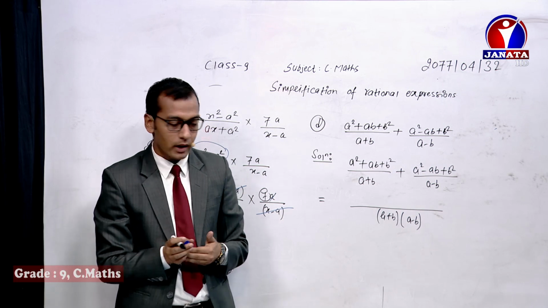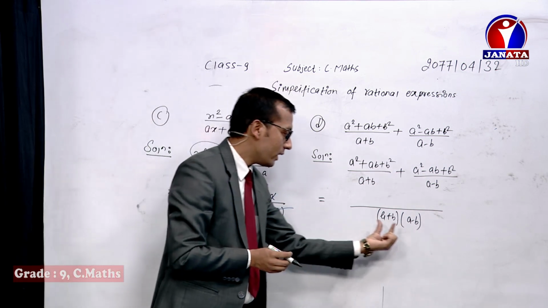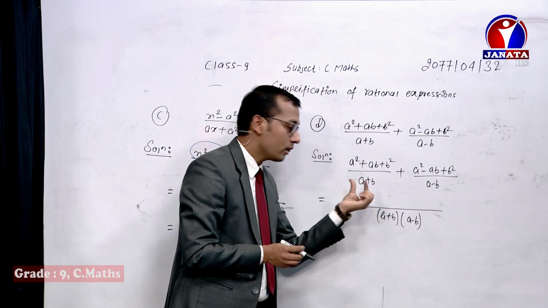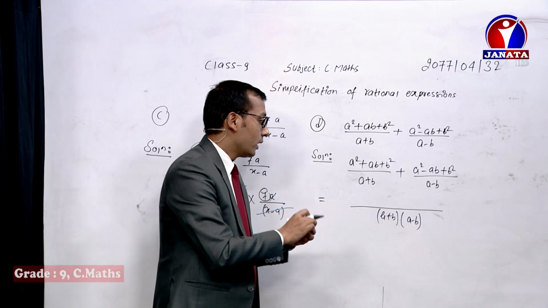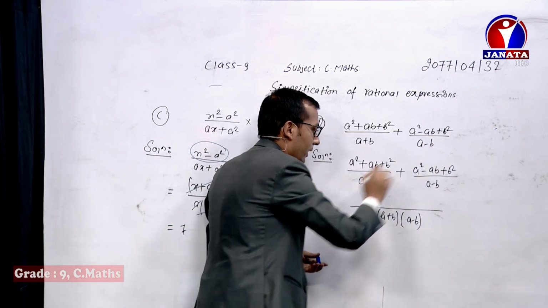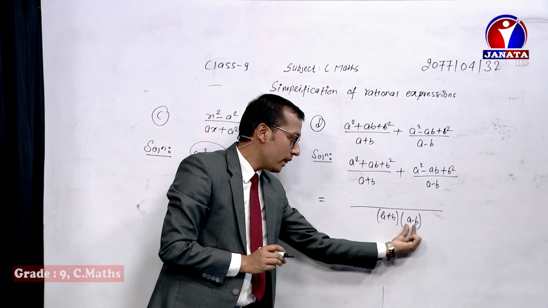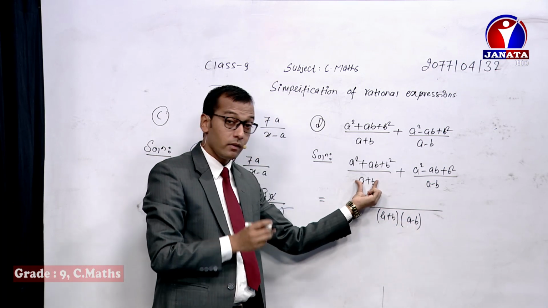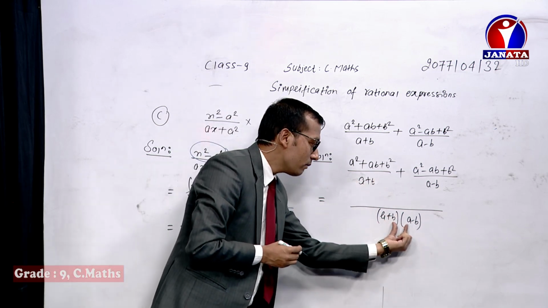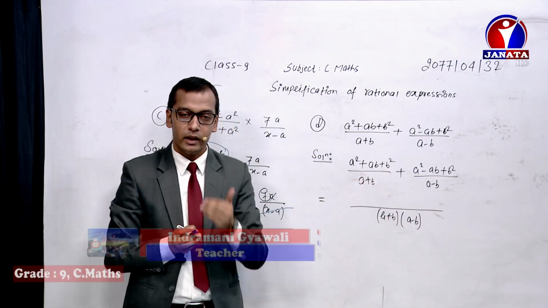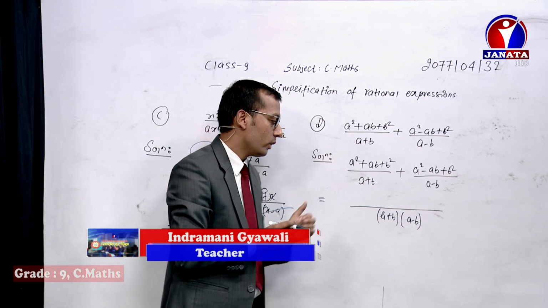In simplification, after taking the LCM, we divide this LCM by the denominator of each term. This is the first term and this one is the second term. Now we divide the LCM a plus b, a minus b by a plus b, the first denominator, and the result is multiplied to its corresponding numerator.